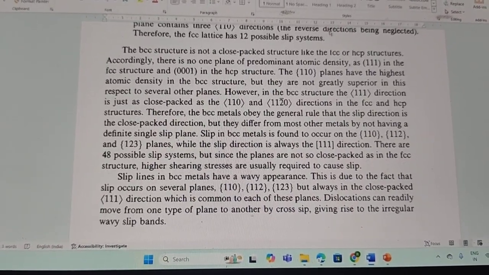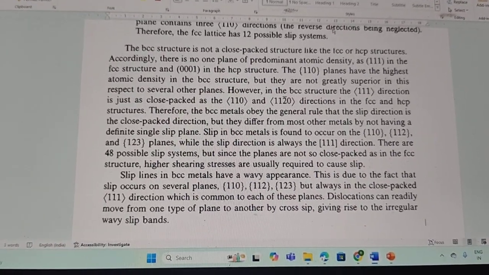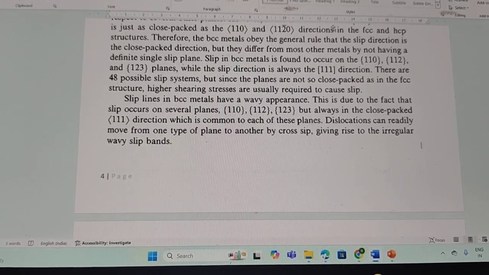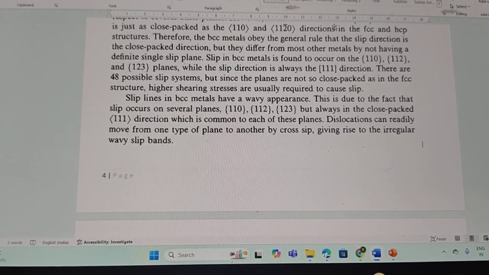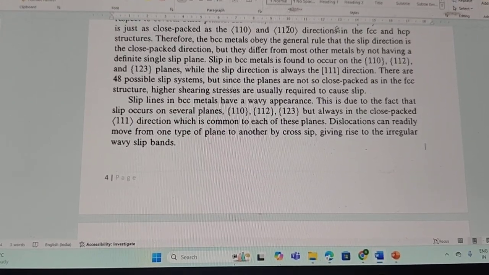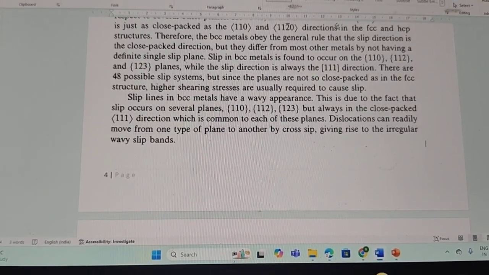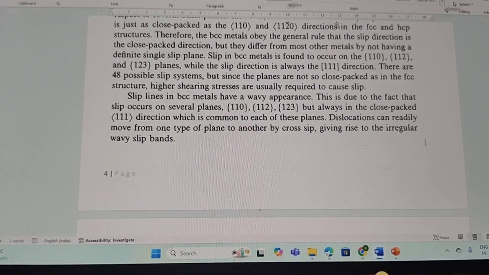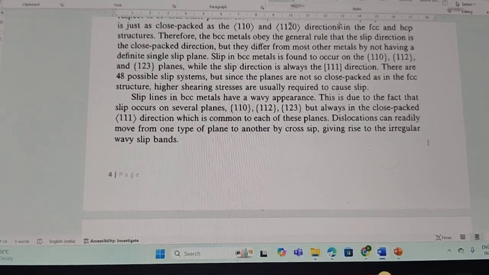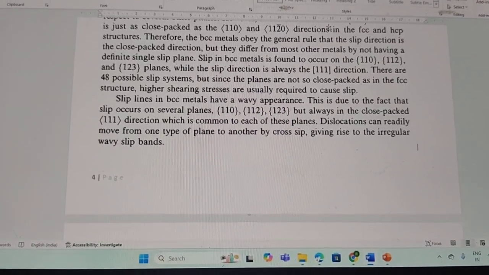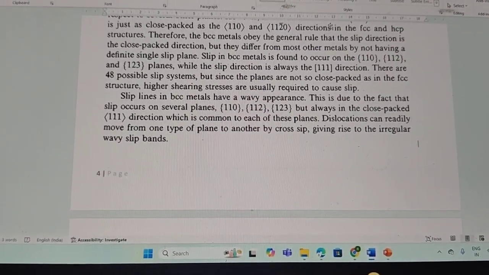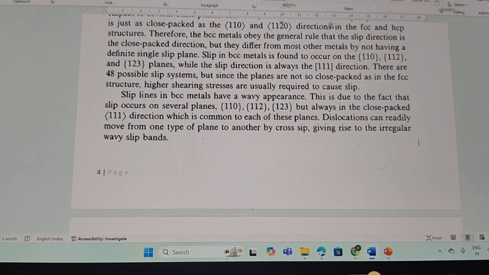So these portions explain why HCP, FCC and BCC materials respond to application of stresses, and why FCC is most plastic, BCC is intermediate and HCP is not ductile at all, in respect of slip planes and directions. Okay?